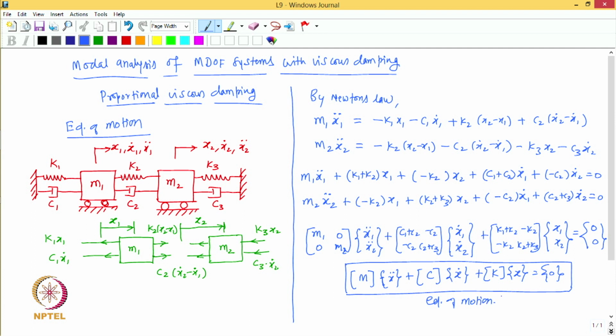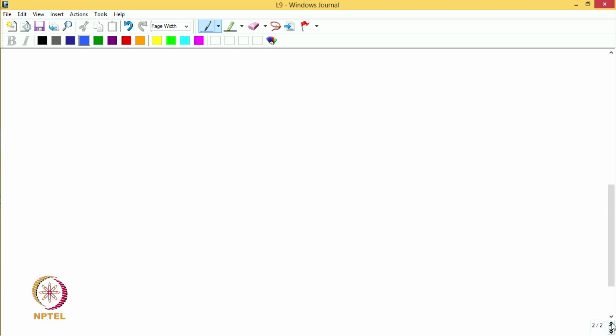We have now got a mass matrix, stiffness matrix and damping matrix representing the system. These matrices M, C, K, the mass, damping and stiffness matrices, now make the spatial model of the system.